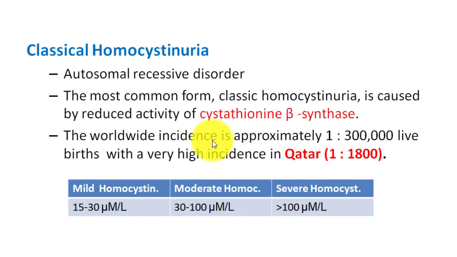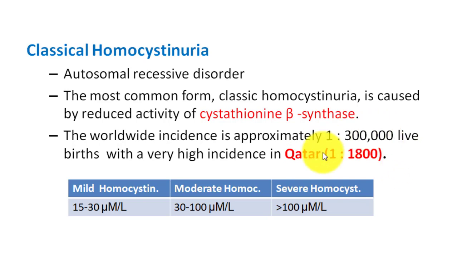Now let's talk about the first one, classical homocystinuria, which is actually very prevalent in Qatar. This is the most common type of homocystinuria, occurring in 1 in 300,000 cases. In Qatar, it is 1 in 1800 cases. You will see the case.